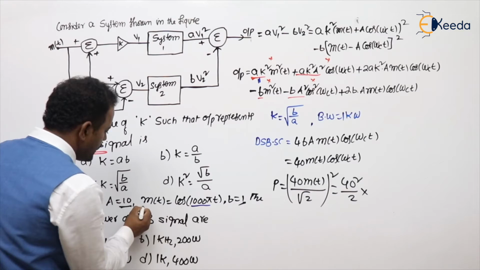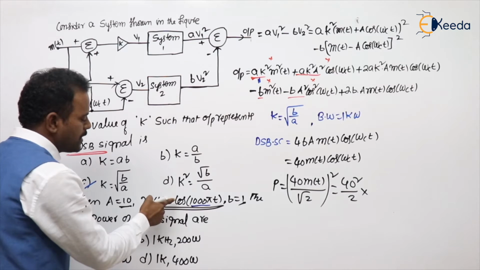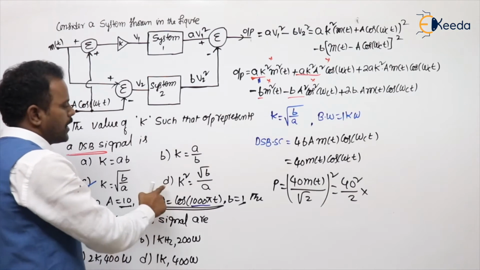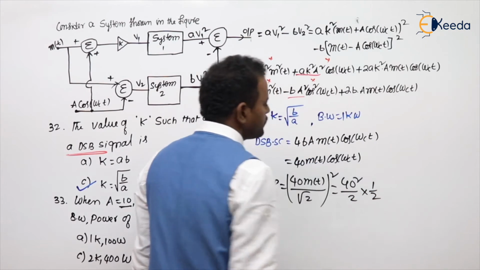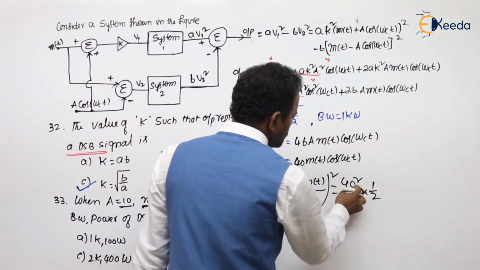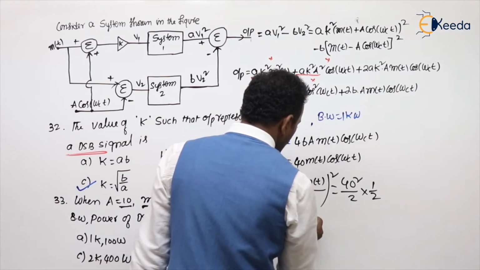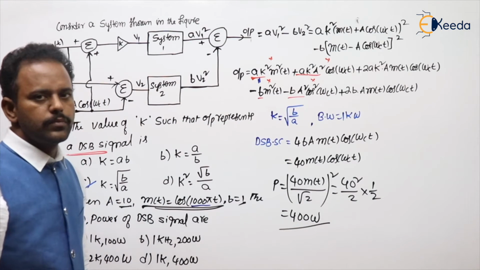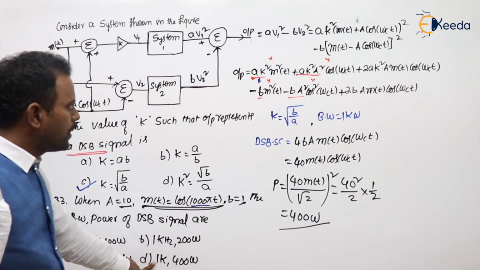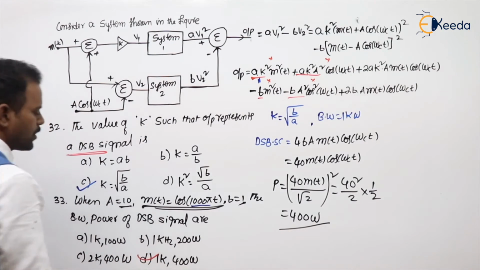The amplitude is 1, so 1 by root 2 whole square is 1 by 2. 40 square is 1600, divided by 4 gives 400 watt. So the bandwidth is 1 kilohertz and the power is 400 watt. Obviously option D is suitable.